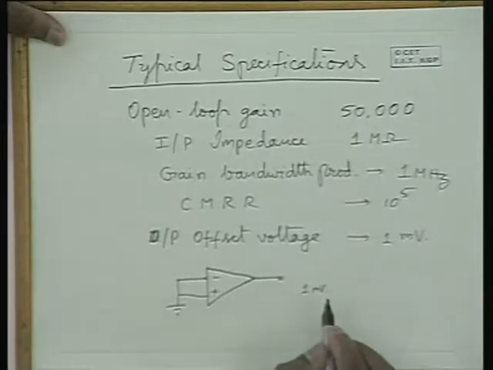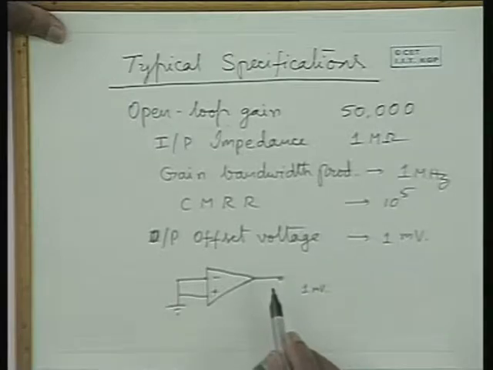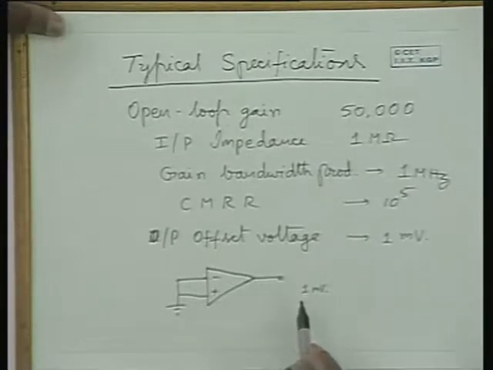This is because in an operational amplifier circuit, we have a level translator to bring down the level of the output voltage to 0 volts. And this level translator may not provide complete level translation, and there may be some small error because of which you will get some offset voltage.